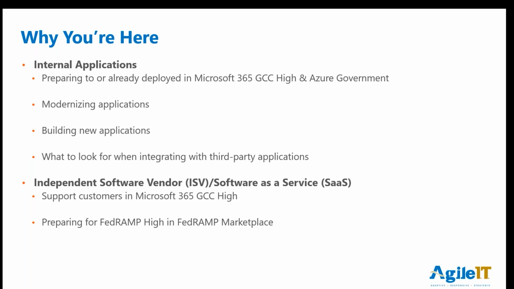But in order for them to support those same customers that have moved into this GCC High space, some things are going to be different, which I'll cover. There are some really important things to note, both if you're a customer that's going to consume some of those services, or an ISV providing services to those customers, of key architectural decisions you have to make or ask about as you get that integration.